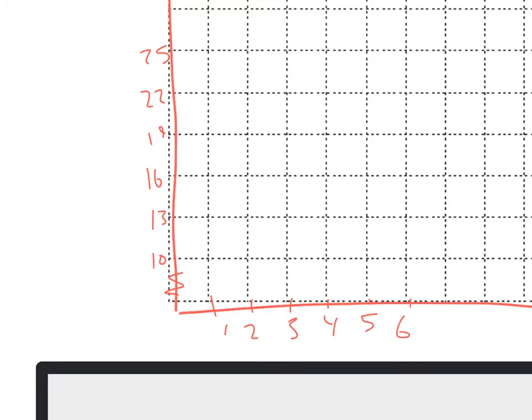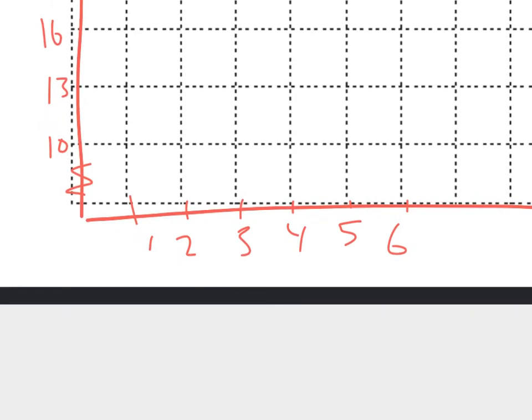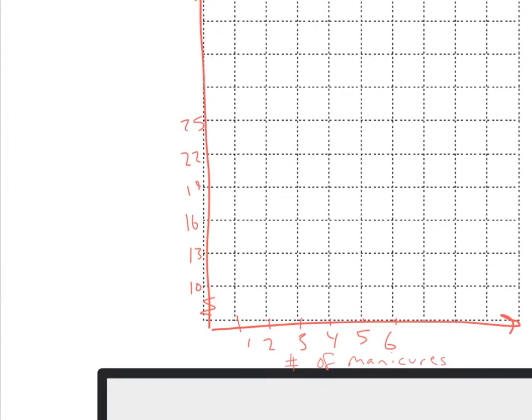Label your axes. So this axis down here is the number of manicures. And this axis over here is the amount paid in dollars.